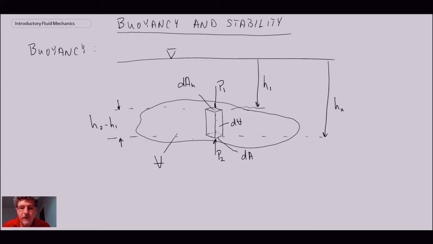So that's the scenario. We have this parallelepiped within a submerged body. And what we're going to do now is try to determine the net force on this little parallelepiped in a submerged body. So we'll begin that analysis.